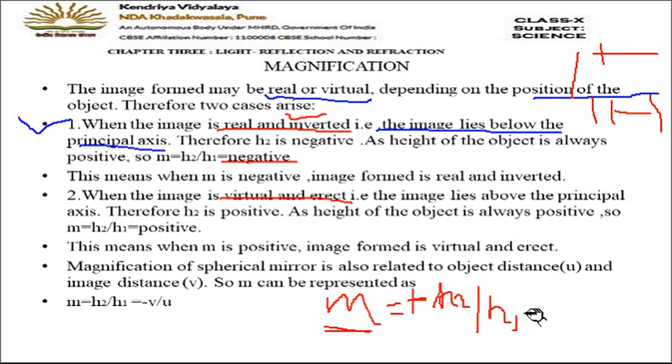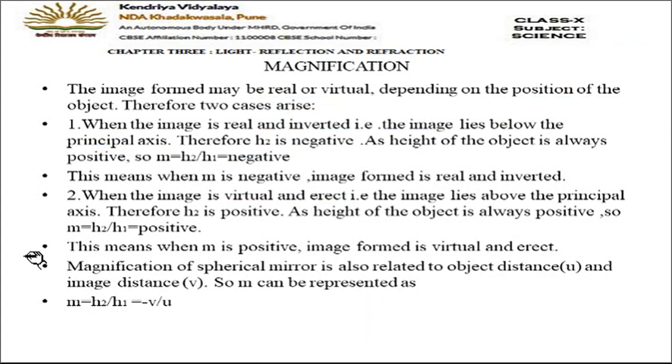Now see, the height of the object is always positive because the object is always kept on the principal axis. So H1 is always positive. The last point here is that the magnification of a spherical mirror is also related to object distance and image distance.